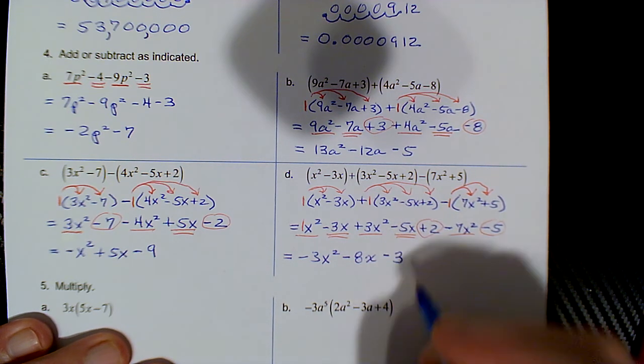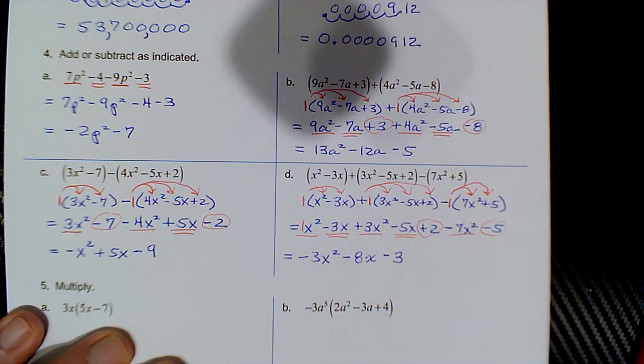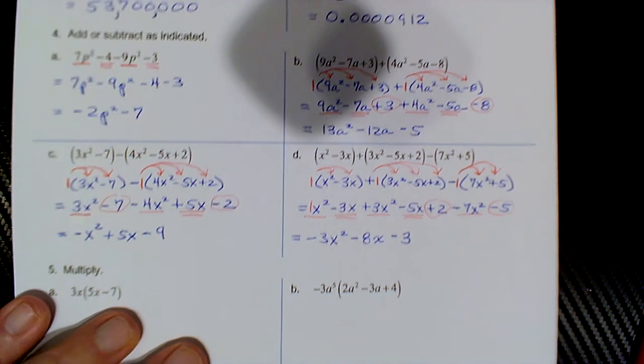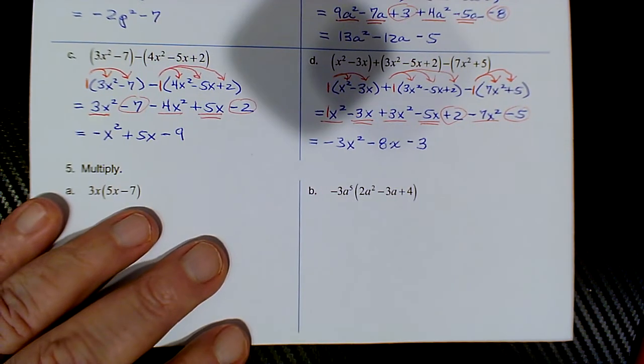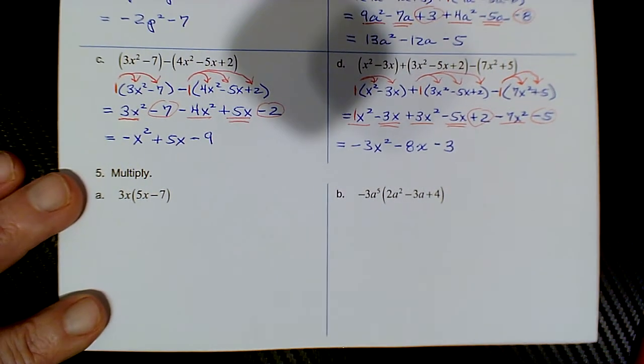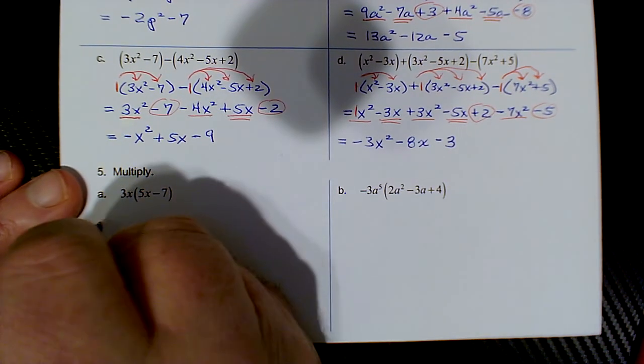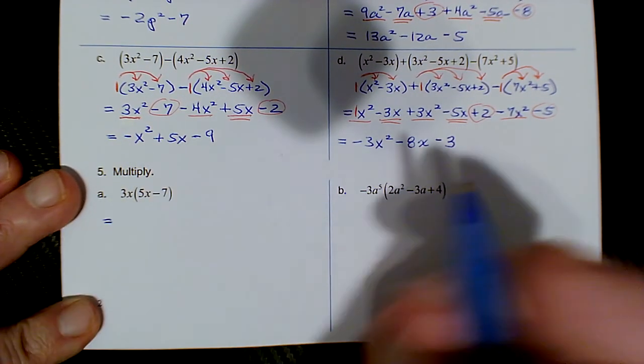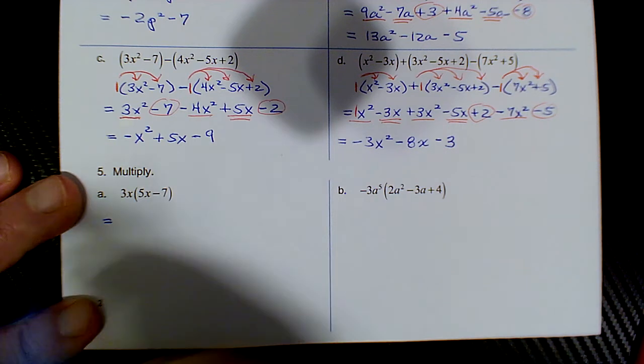Okay, next we get into multiplication. So that was addition, subtraction of polynomials, now multiplication. Initially it's just the distributive property, and now is where we're using our laws of exponents in combination with the distributive property.